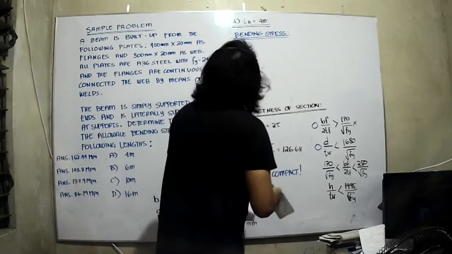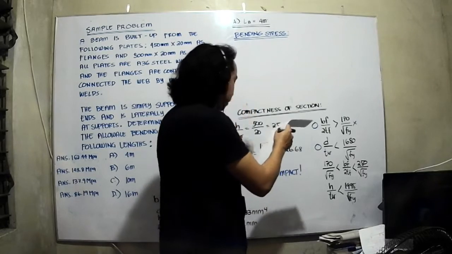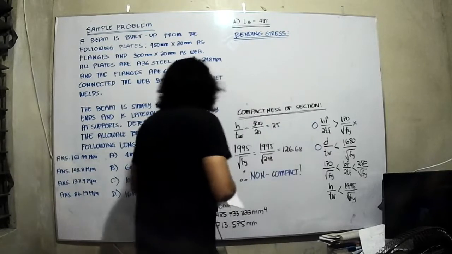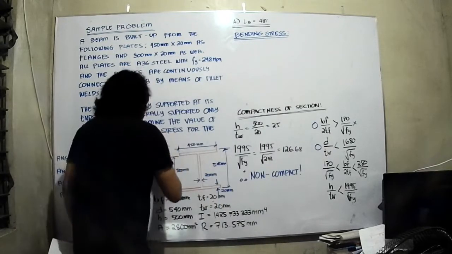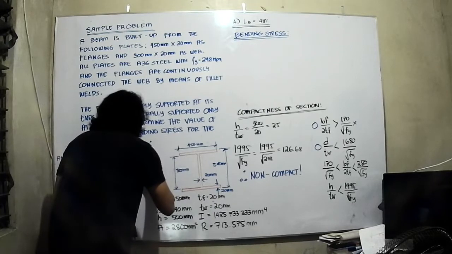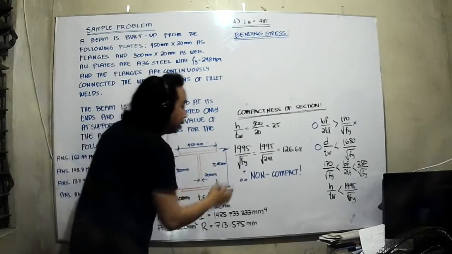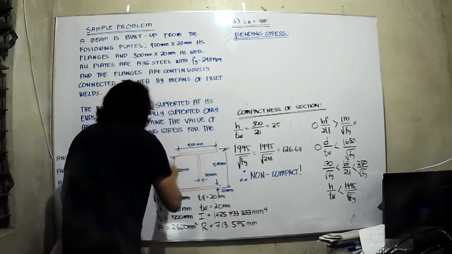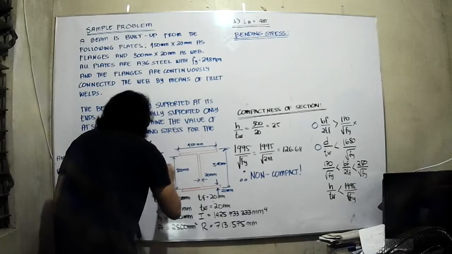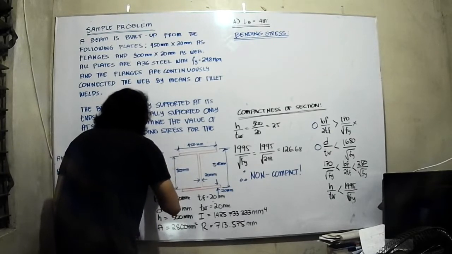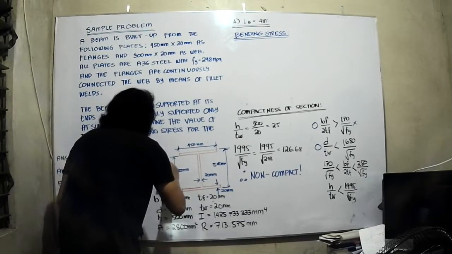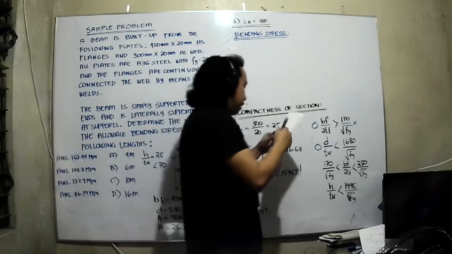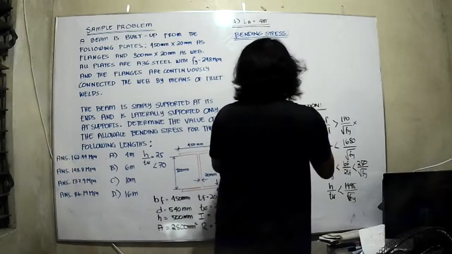Now that we know our H over TW, ato siya i-butang sa atong number daan, that is 25, and this is less than 70. Okay, anyway, talk about bending stress ani siya dayon.